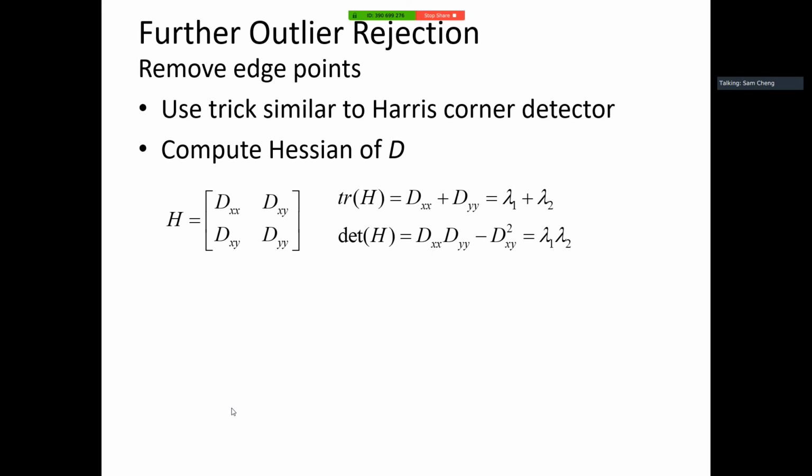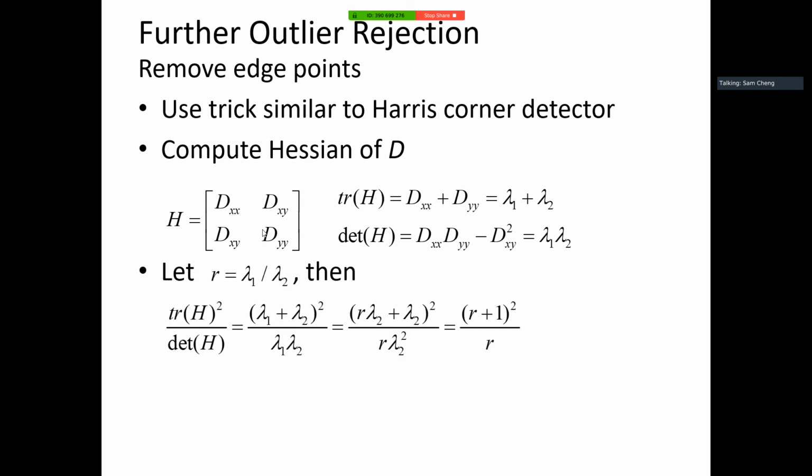Because the Hessian matrix is similar to the M, actually it's the same as M, I think. So you also have lambda 1, lambda 2. What we want is for lambda 1 and lambda 2 to have different sizes. If both of them are big, then remember this is a corner, right? And if only one of them is big, it's just an edge.